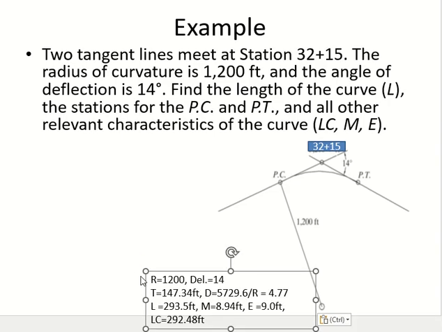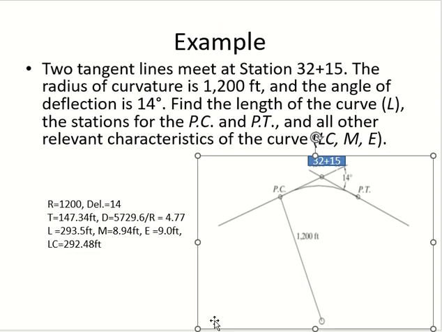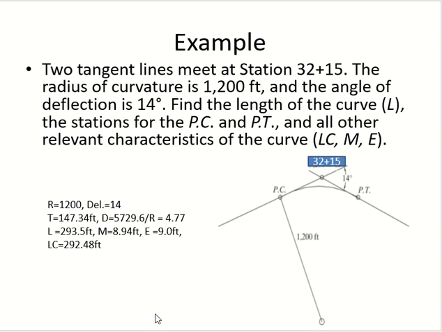Okay, the station is the distance from a reference point. So which station is given to us? The station for what is this point? PI. Okay, point of intersection. So this is given. I know that this point is this much from the reference. And PC is how far from this point? T. Tangent. So from this one I will subtract the tangent length.